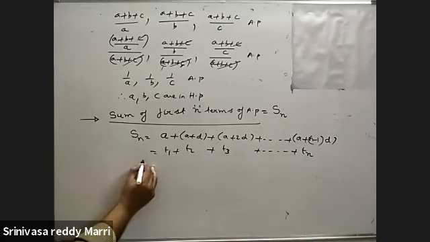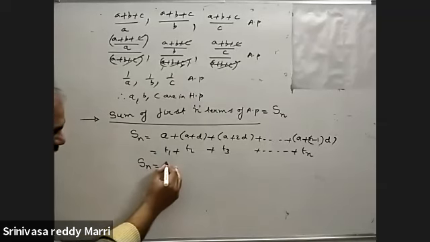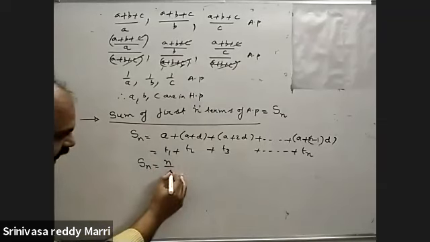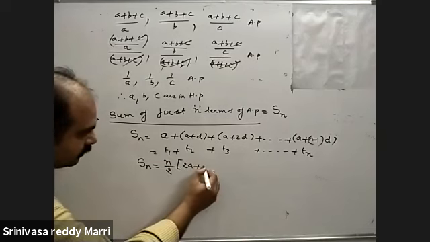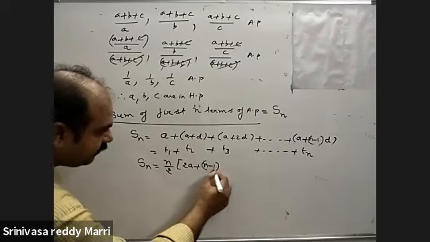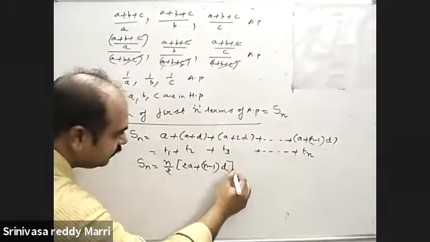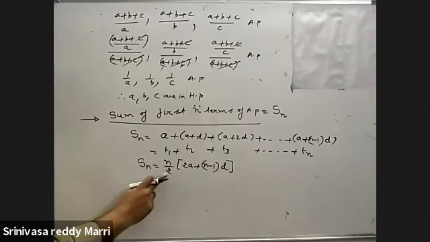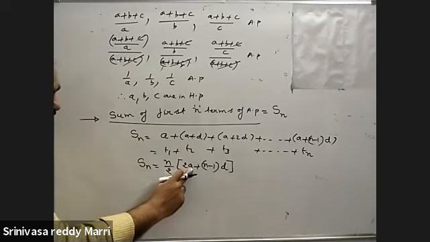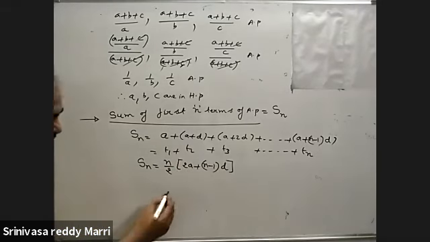For this, the formula is well known. Sn equals n by 2 into (2a plus (n minus 1) into d). The formula for calculating the sum of first n terms is n by 2 into (2a plus (n minus 1)d), where a is the first term and d is the common difference.